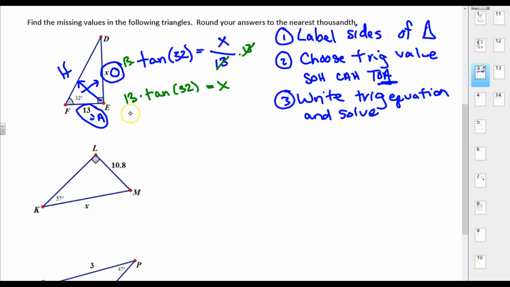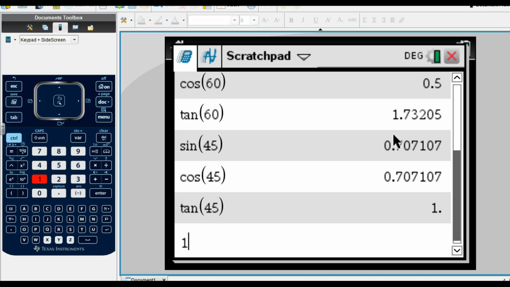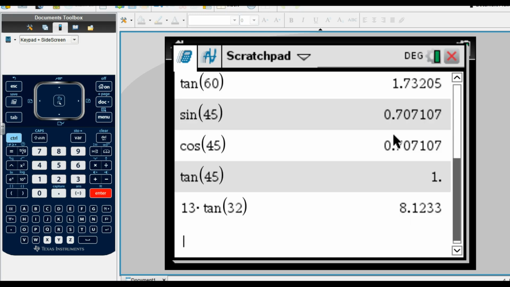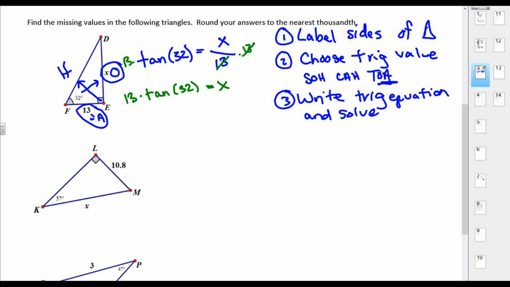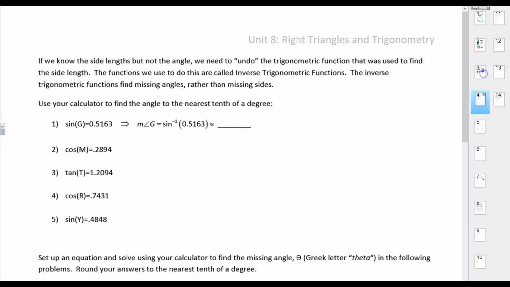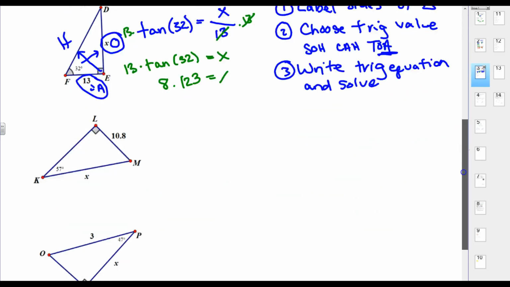Well, this would be called the exact form of the equation, but if you want the approximate version, you hop in your calculator, you do 13 times the tangent of 32, and I get 8.123 as my answer. 8.123 equals x.